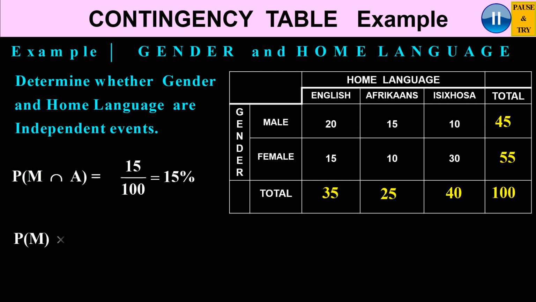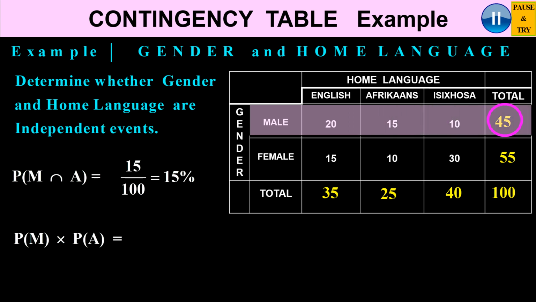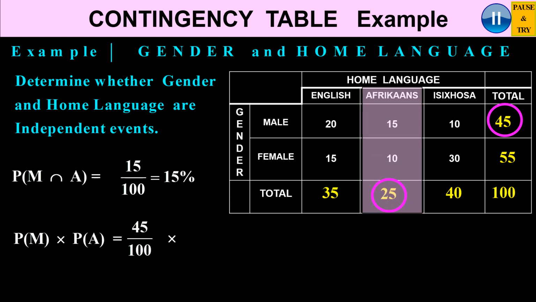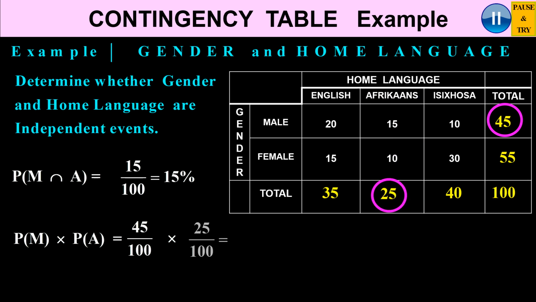Next, we want to find the individual probabilities. Probability of male times probability of Afrikaans. Probability of male, if you go back to the table, we see there are 45, so the probability there is 45 over 100. Probability of Afrikaans, there's the Afrikaans, and there are 25. So that's 25 over 100. Doing a little bit of calculation there, we get 11.25%.